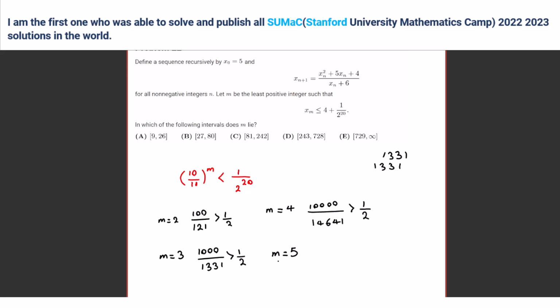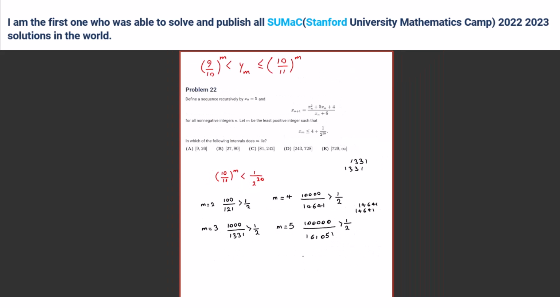For m=5, it will be 100,000 over 115. There's a lot of carry now. Okay, so this is greater than 1/2, right?